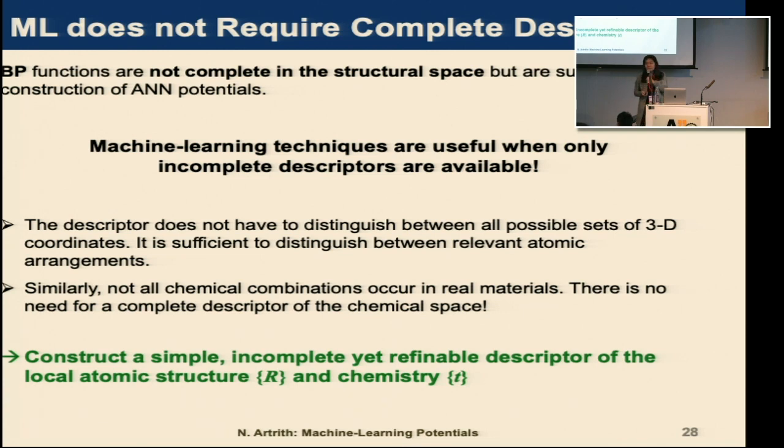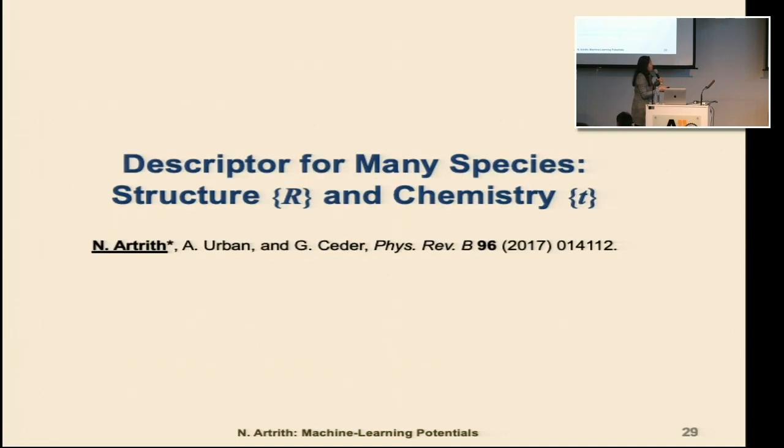This is a new type of descriptor which can describe many chemical species and also describe the structures in a way that the more bases or descriptors you use, the more it improves the accuracy of the potential energy surface that I'm going to explain in a few slides.